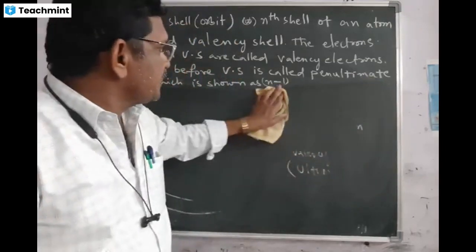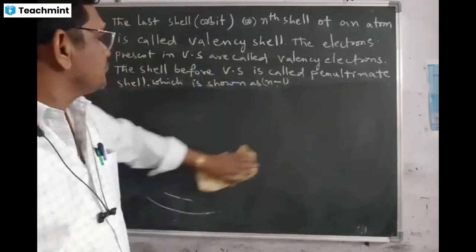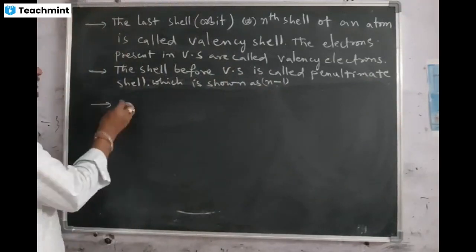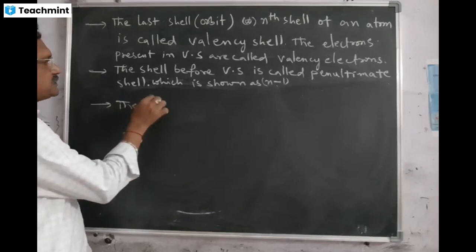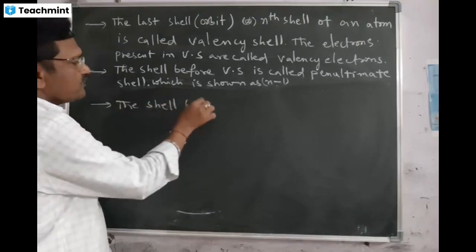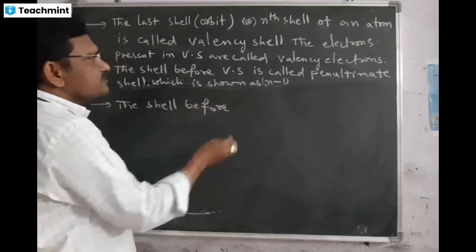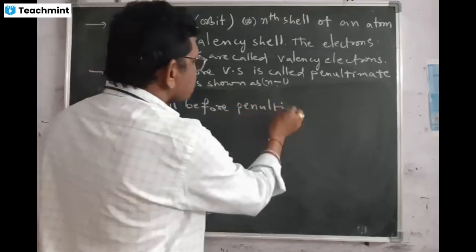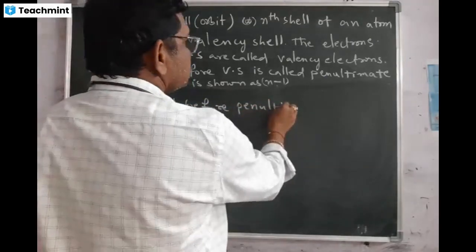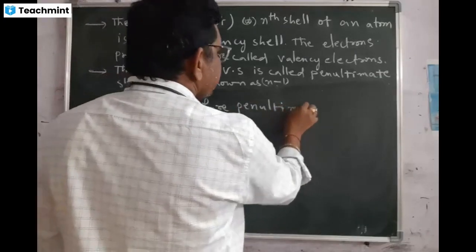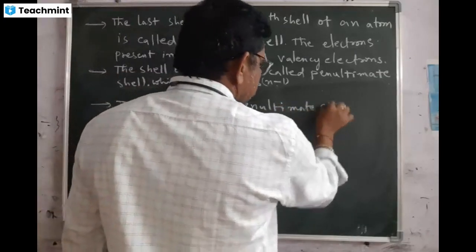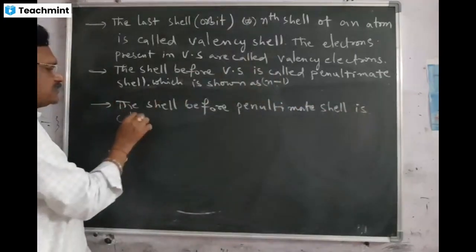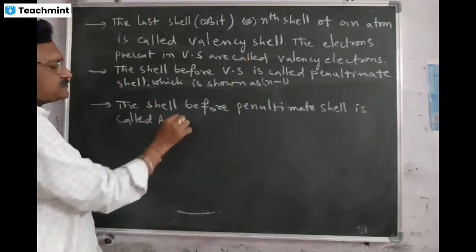Let's see. One more point we discuss here. The cell before the penultimate cell is called the anti-penultimate cell.